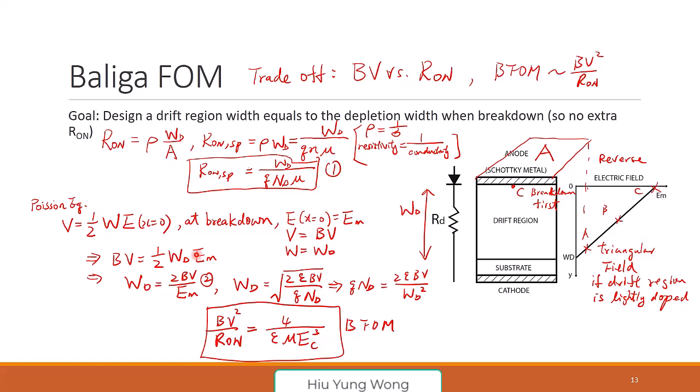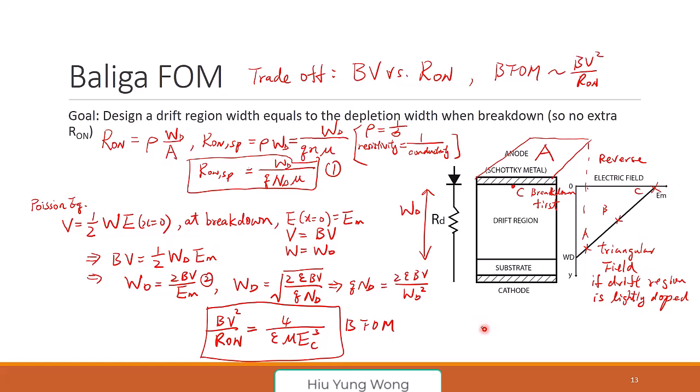It depends on the critical electric field, EM, right? And finally, you see the Baliga figure of merit is BV squared divided by R on. It only depends on these material parameters. And now you see that if I increase my critical electric field by 10 times, I increase my Baliga figure of merit by 1,000 times.